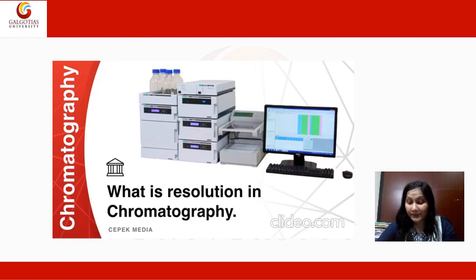The peaks obtained in a chromatographic column will be situated very close to each other. If our HPLC system has better resolution, it will be able to chemically distinguish the two peaks which are very close to each other. So let's understand this with the help of this animation.